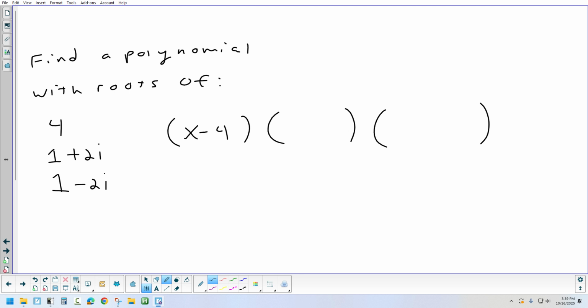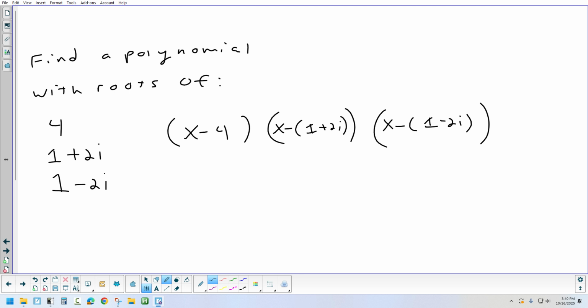X minus in parentheses 1 plus 2i. And what would my last factor be? X minus in parentheses 1 minus 2i. Yep. Now it's just a matter of multiplying all that out, and that's going to be your answer.